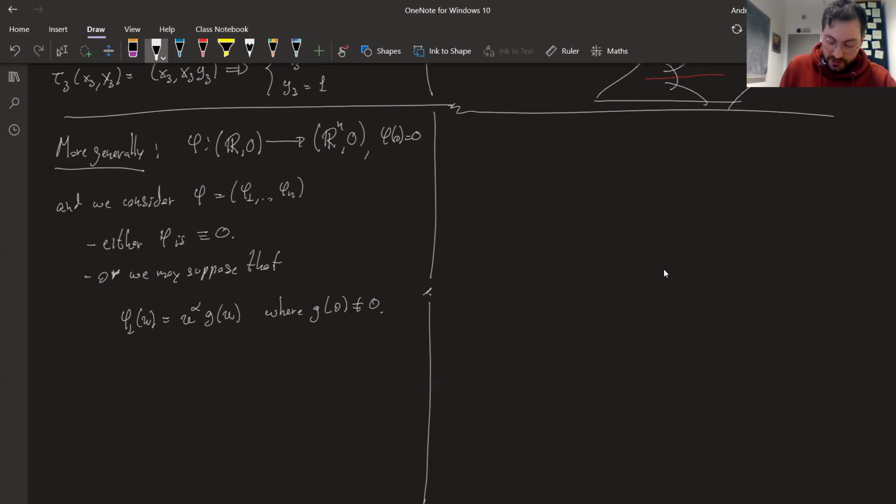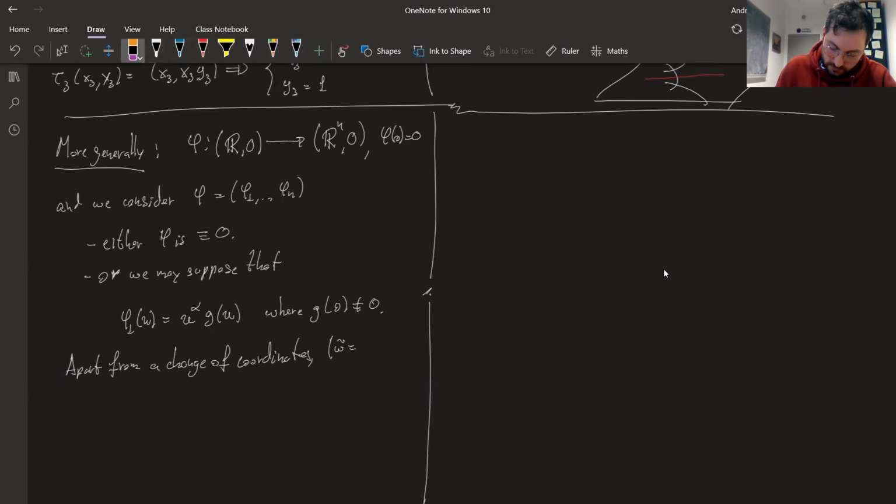We can do better. We can change the coordinates. So apart from a change of coordinates, we may suppose, so let me even do the change of coordinates, u is equal to u g of u to the 1 over alpha.